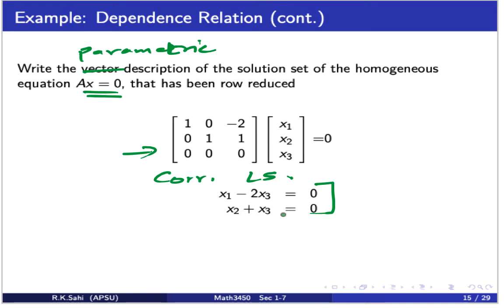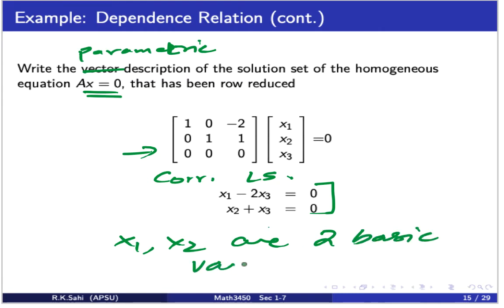And remember, the parametric description simply says write down the basic variables in terms of the free variables. Now, we have two basic variables, x1 and x2, and x3 was the free variable.